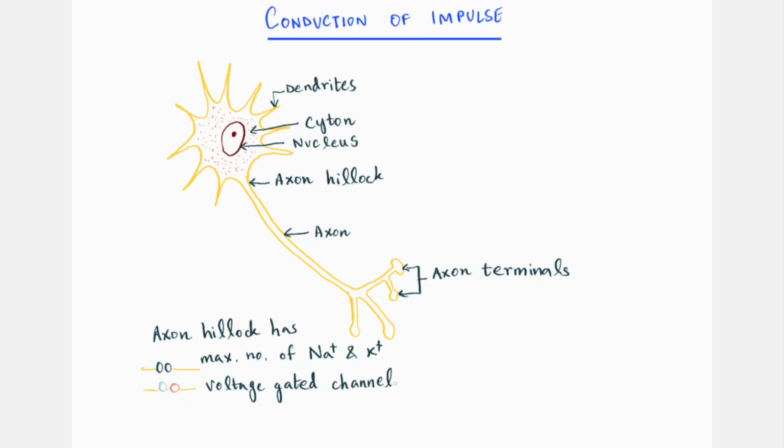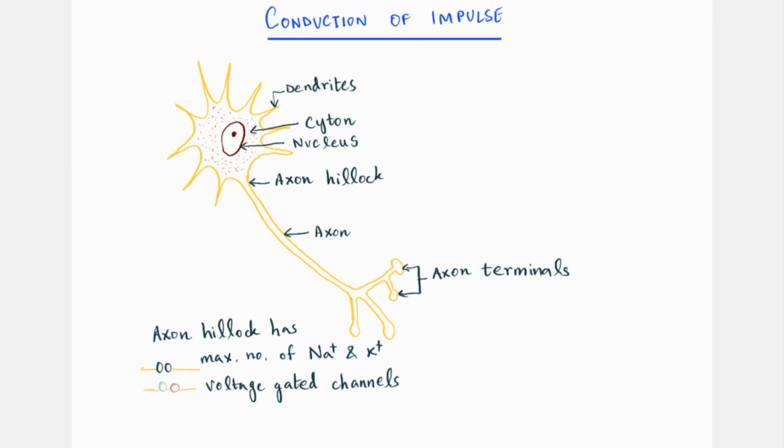This is where the nerve impulse actually originates in a neuron. It's not the cyton. It actually originates at the axon hillock.